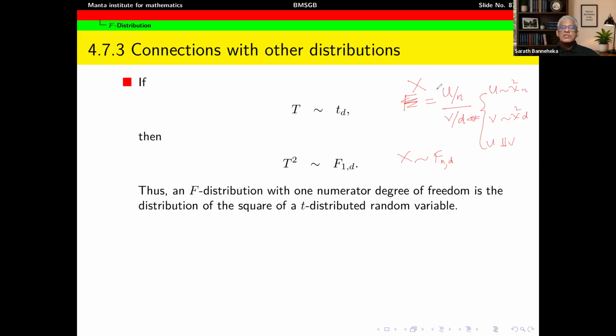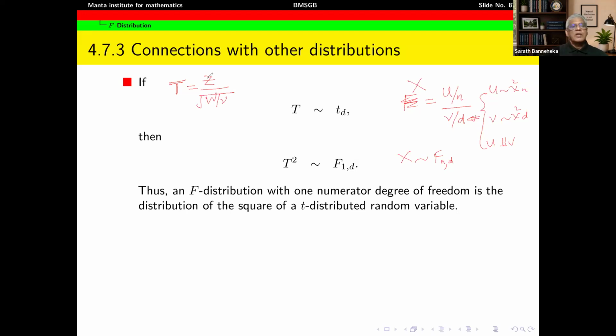But now let us look at a T random variable. You notice that a T random variable arises as the ratio of Z divided by the square root of W over the corresponding degrees of freedom.